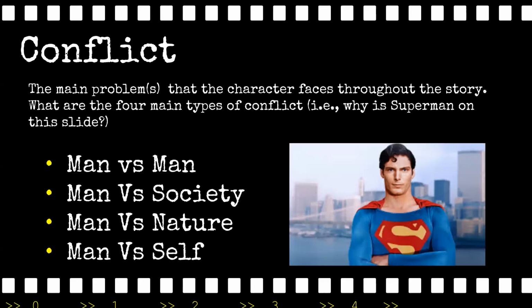If you're not including multiple types of conflict, it's more than likely that you're making a plot-driven film. If we think about movies like The Day After Tomorrow, for example, Jake Gyllenhaal's stuck in a library in Antarctic New York. Well, there's not a whole lot of conflict going on except that the world's frozen over and he's either going to get rescued or not. It's not like he's got a whole lot of stuff going on, but we could kind of break it down if you've seen the film and say, well, he's nervous about talking to this girl.